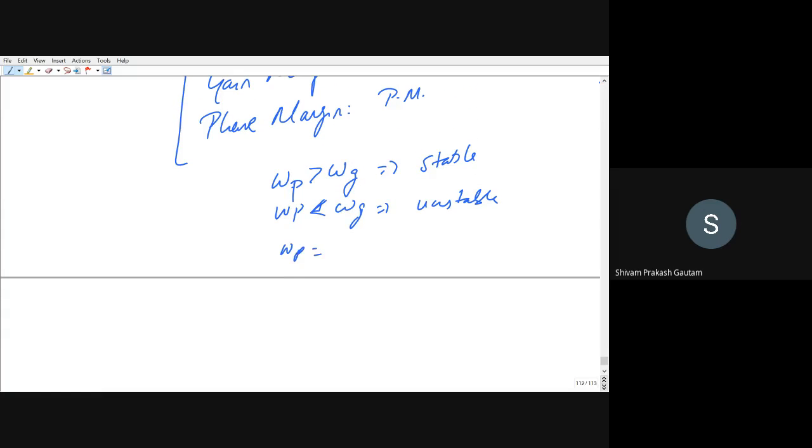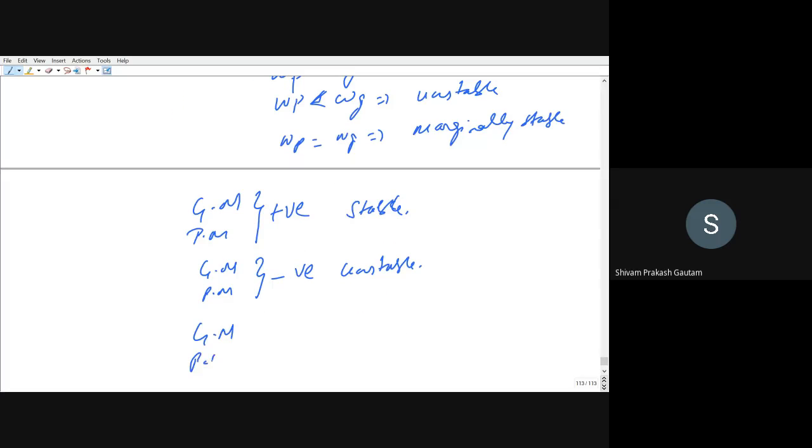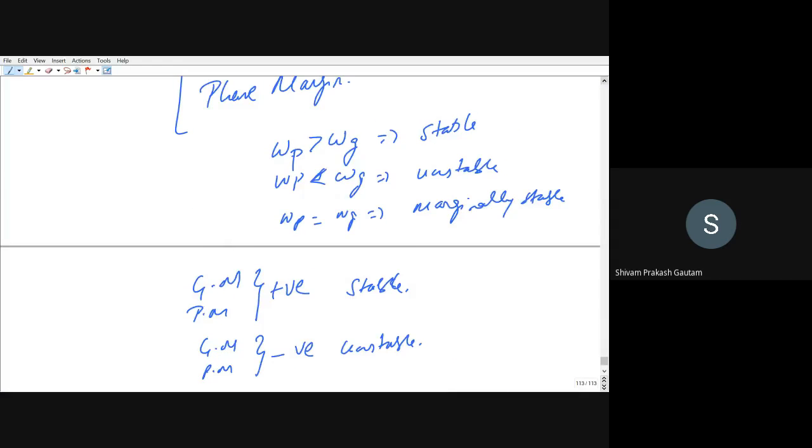And if omega p is equal to omega g, the system is marginally stable. We have also seen that if gain margin and phase margin are both positive, then our system is stable. If both are negative, then the system is unstable. If both are equal to 0, the system is marginally stable. So we have seen this so far.